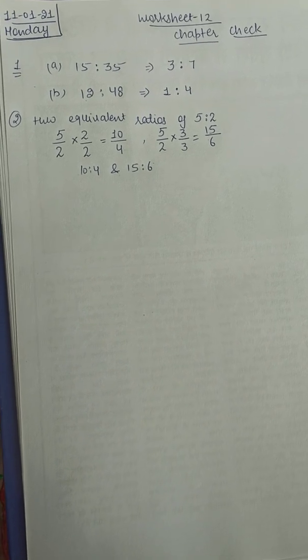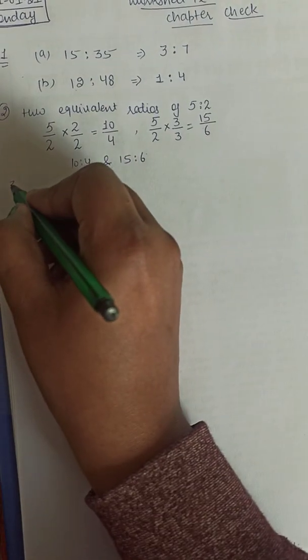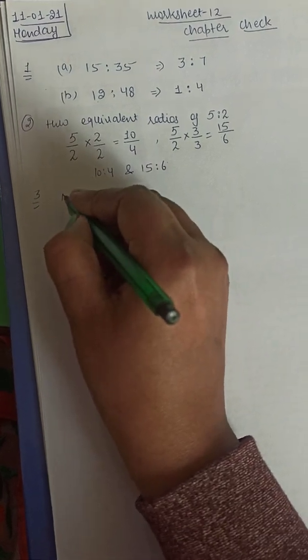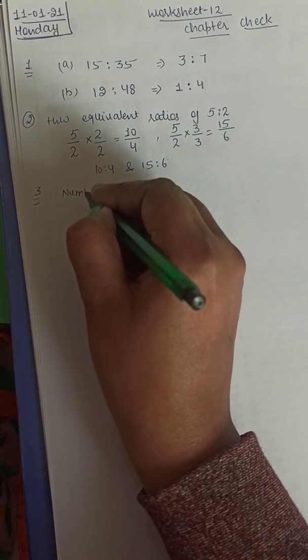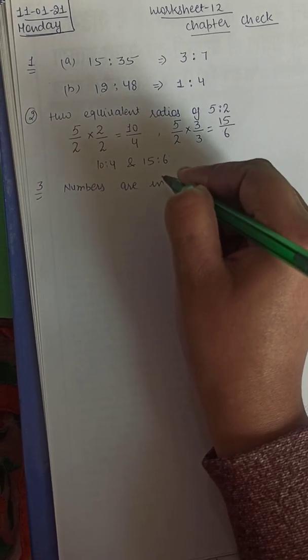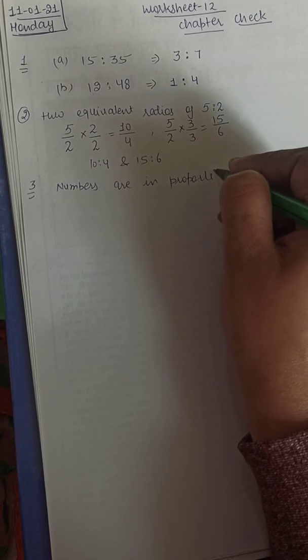Third question is, are the following numbers in proportion? So how will you check whether the given numbers are in proportion or not?